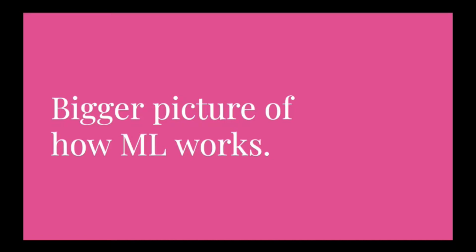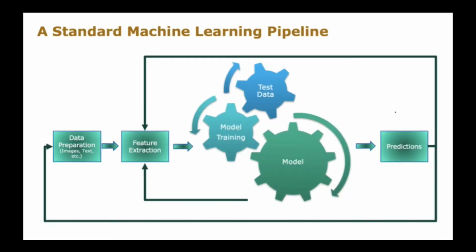So here is a diagram of a machine learning pipeline. Now I'll jump into the definitions of AI, machine learning, and deep learning in a few seconds. But for now, let's just look at this diagram and kind of ignore this title. I got this from Google Images. Should have cropped this out, but this is a diagram.